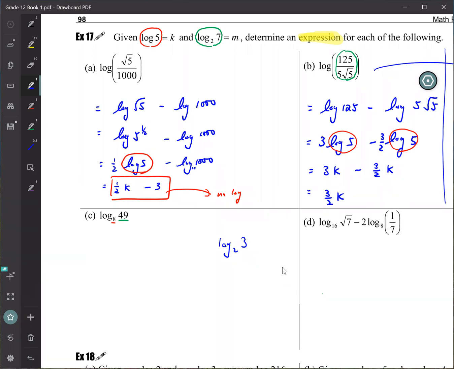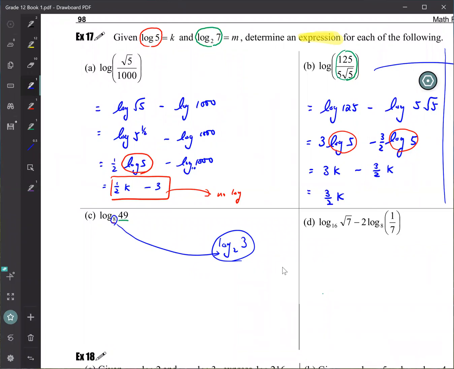I just changed the 8 to 2 to the power of 3 because that's what it equals. You mean you change the 8 into this? Yeah, because 8 equals 2 to the power of 3.